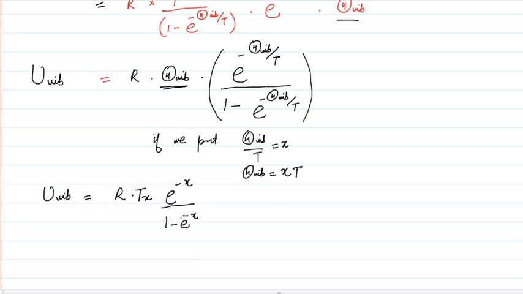So further this we will further write here that this 1 upon 1 minus e raised power minus x can also be written as 1 upon 1 minus 1 upon e raised power x. This is very simple, so we will simply cross multiply. That means it will be 1 upon 1.